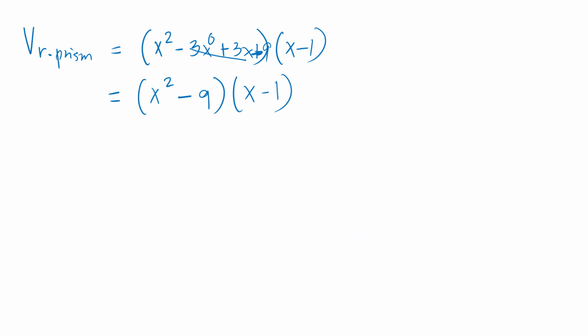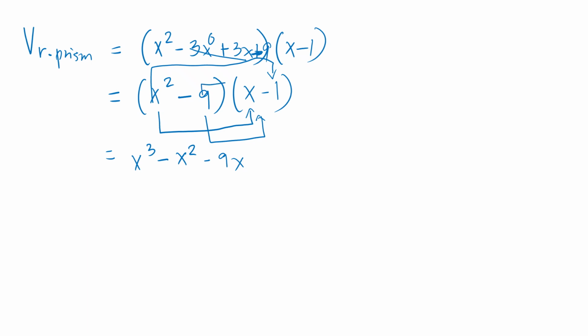And if we're going to distribute this x squared here, it will become x cubed, then x squared times negative 1, that is negative x squared. Next, negative 9 times x, that is negative 9x.